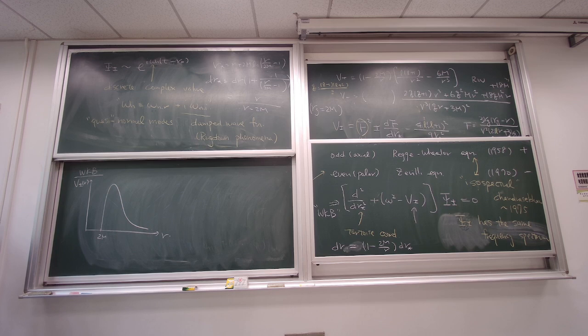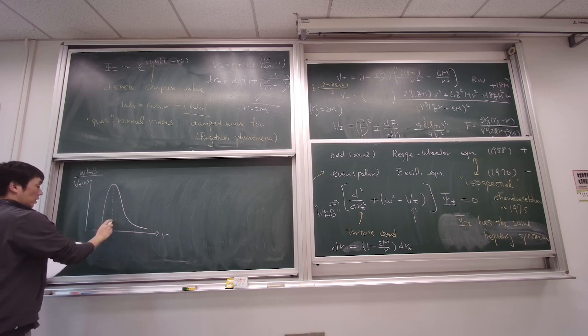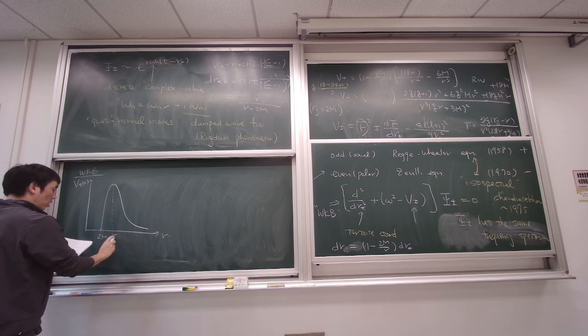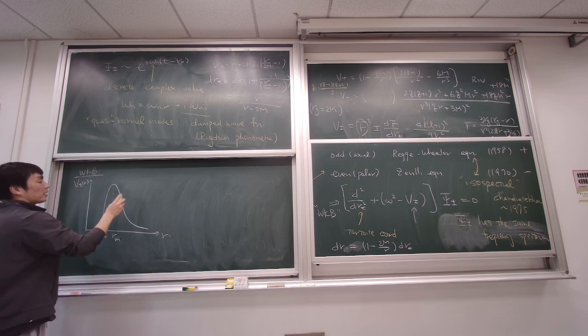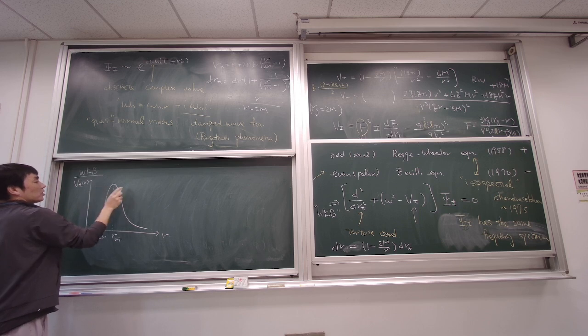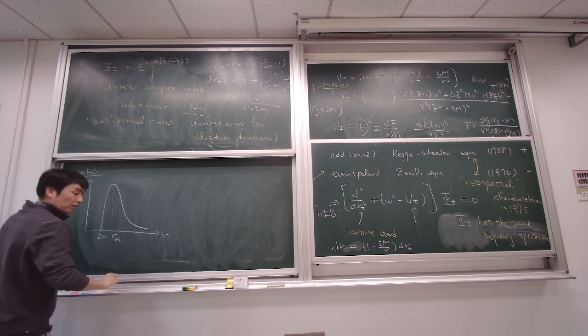And here is around r max. And then omega is something like around here. So the value of omega is something like, where is it?